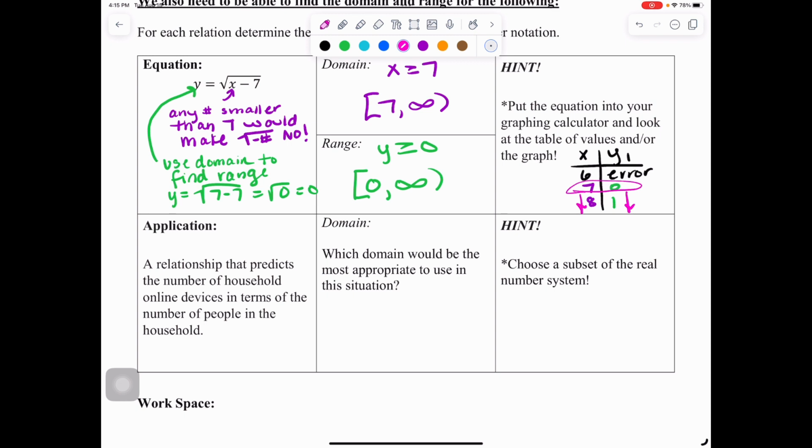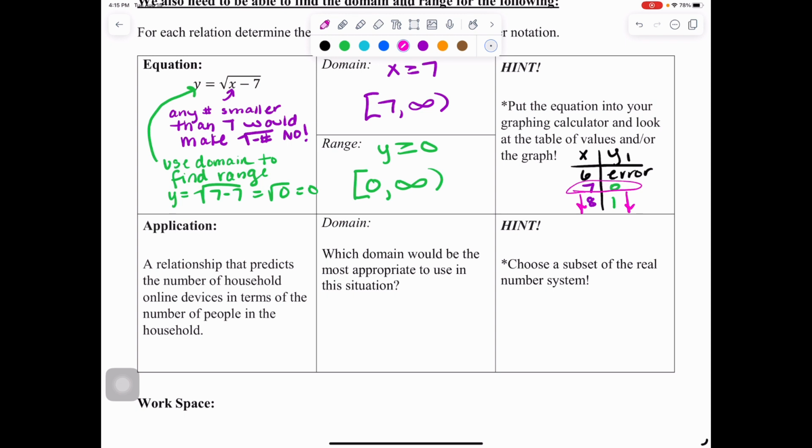Now, when it comes to the application, here's an example. A relationship that predicts the number of household online devices in terms of the number of people in the household. So the first thing you have to do is figure out which one's the domain and which one's the range. The way this is wording, it's saying it predicts the number of household online devices in terms of the number of people.